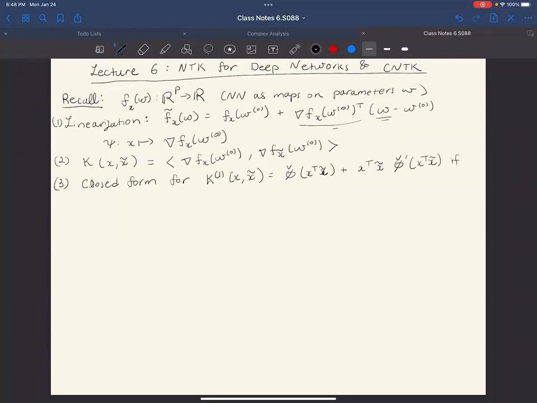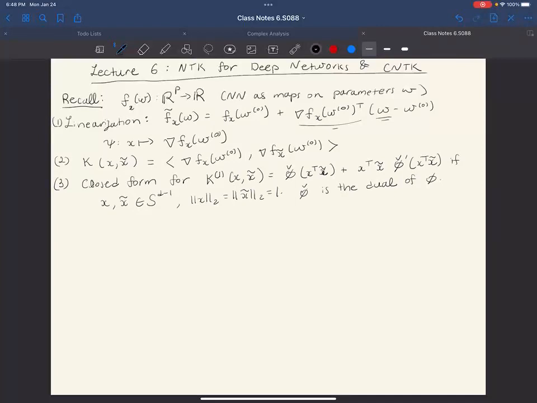And this was if your data lied on the sphere. We had this simple formula. And so remember what phi check mark is. This is the dual of an activation phi.